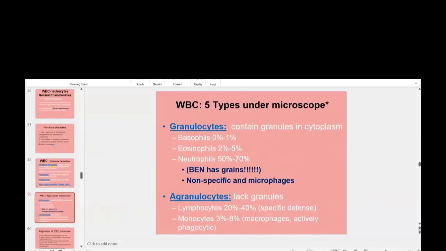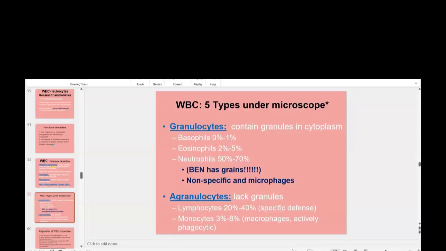So, 5 types under the microscope. If you look under the microscope when you do the labs, most likely they'll be using the Jameson stain. When you put the stain and look under the microscope, you'll find granulocytes, and they have granules in the cytoplasm.